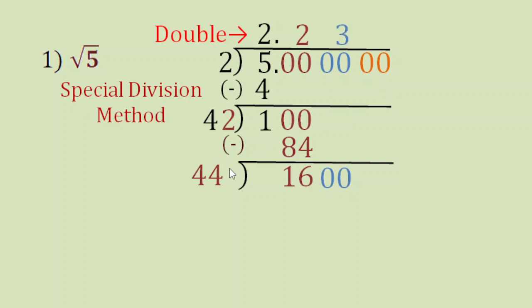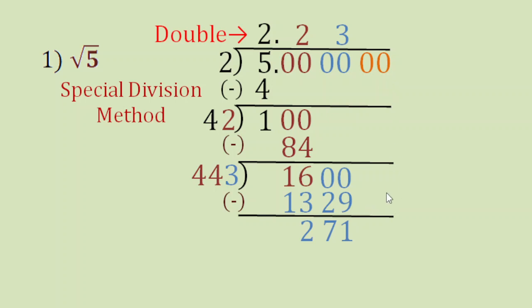Because we put 3 here, we also have to put 3 after 44. Then multiply 3 times 443. The answer is 1,329. Then 1,600 minus 1,329. The answer is 271.